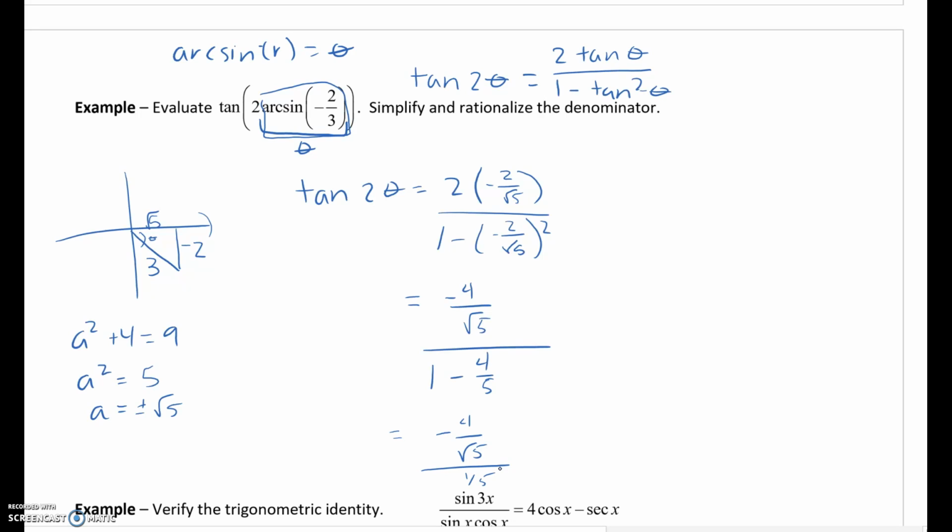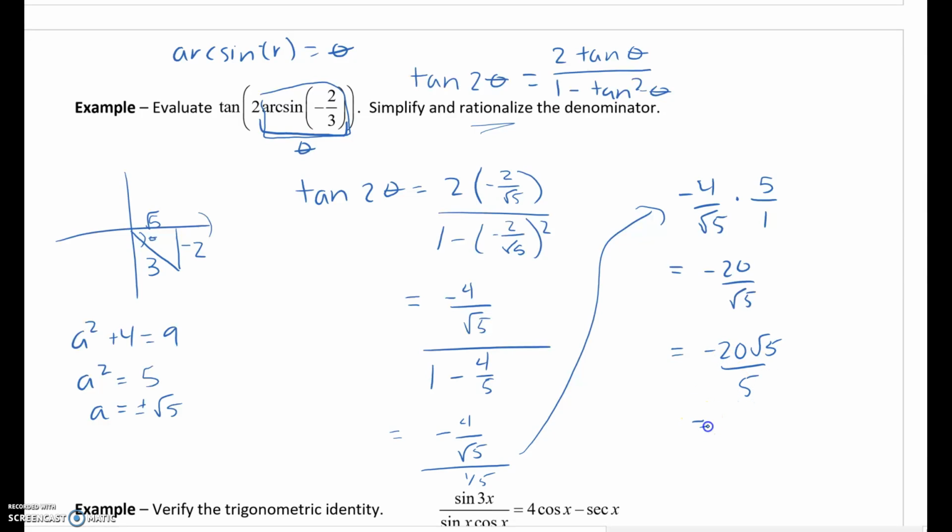So the whole thing over 1/5. Let's come up here. Negative 4 over root 5 times 5 over 1, which gives me negative 20 over root 5, and we need to rationalize because it tells us to. So that gives you negative 20 root 5 over 5, which is negative 4 root 5.